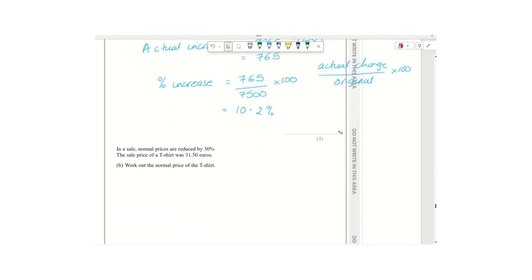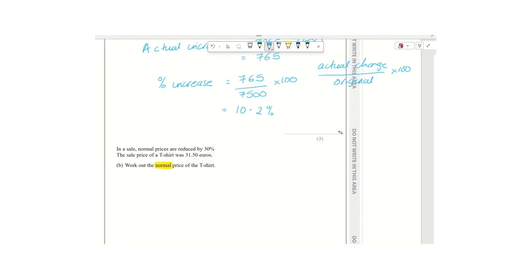Then part B, it tells me in a sale, the normal prices are reduced by 30%. And then the sale price of a t-shirt was 31.50 euros, and we're asked to work out the normal price. So this is one of those reverse ones because we're trying to find the normal price.